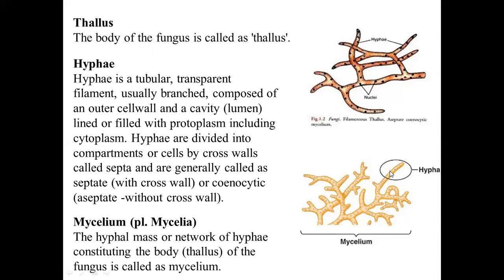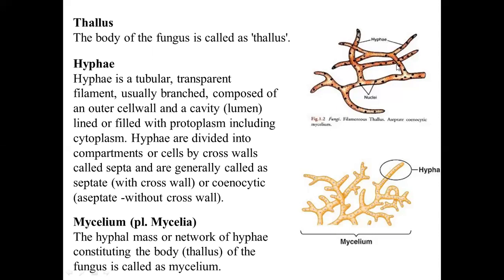And you can see the septation. This is one single cell, then another single cell, so you can find this cellular modification of the filament, having cross walls in between the hypha. If the cross walls are there, it is known as a septate hypha.